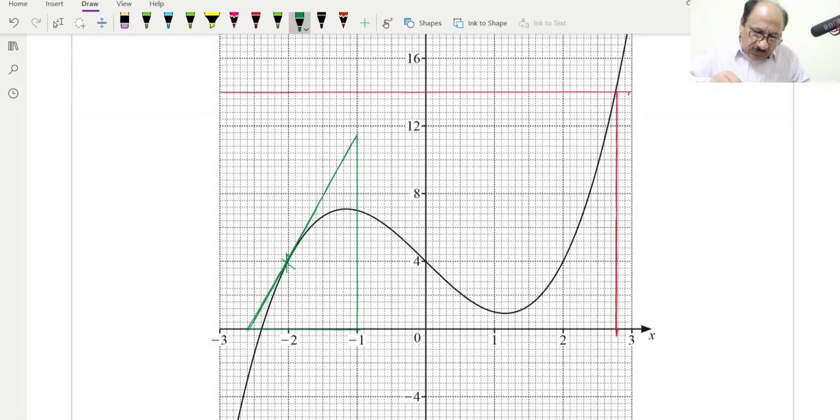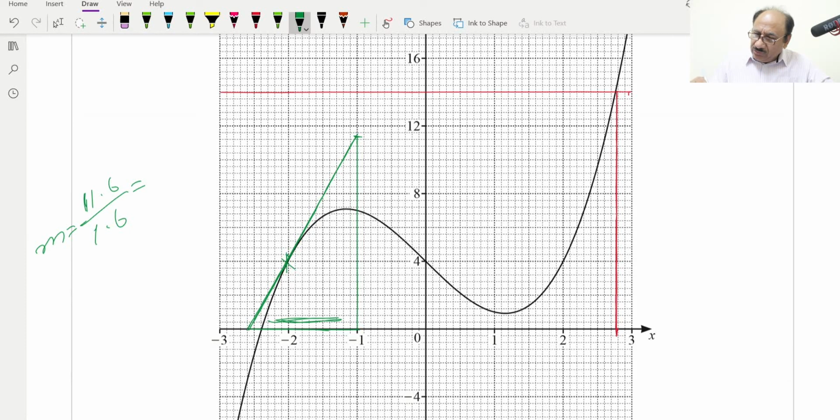After this, we can check the rise and run. The rise is 11.6, so we can write 11.6, and the run side will be 1.6, so we write divided by 1.6, and this is basically m, which is the gradient, rise over run.